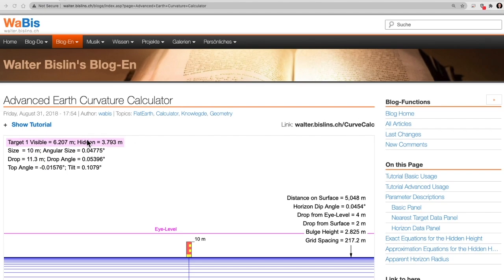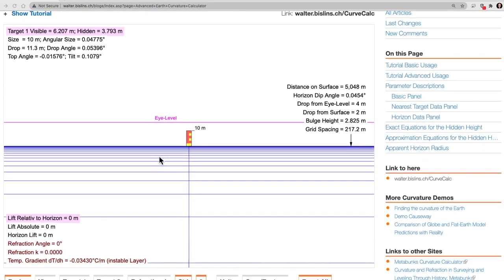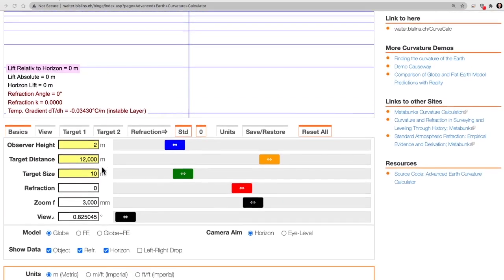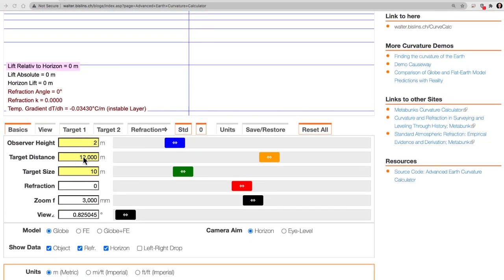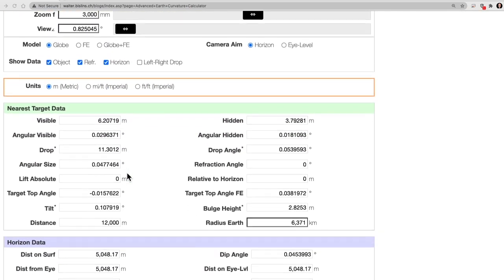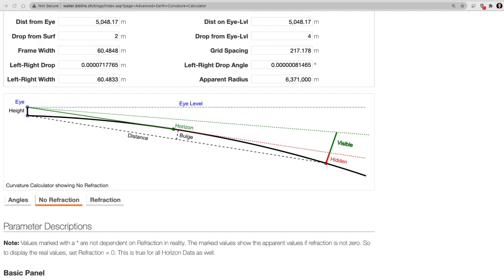Now, most of you are familiar with Walter Bisslin's Advanced Earth Curvature Calculator. And basically what you do is you plug in your observer height and the distance to the target and the target size, and then go down here and it'll tell you how much of that target will be visible. Now, the way this works is that you are located at a certain point on the surface of the Earth.